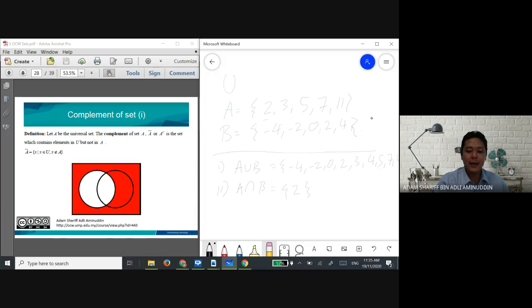Suppose your universal set I define as X is an integer, from -12 up until 12.